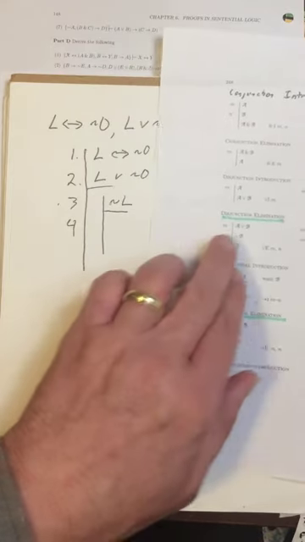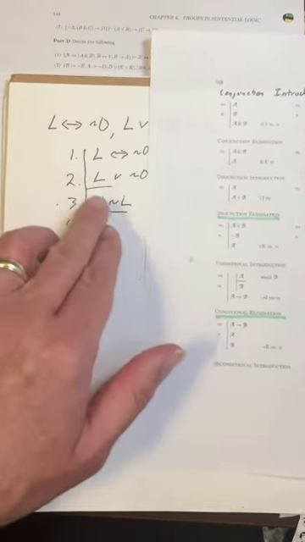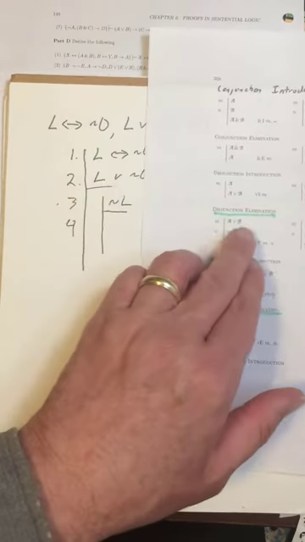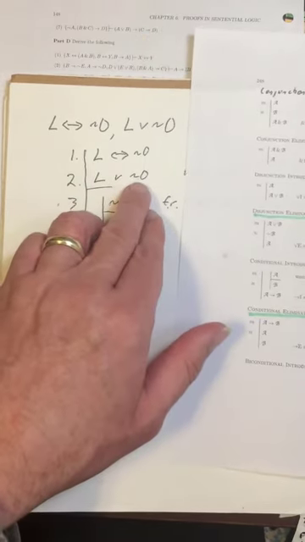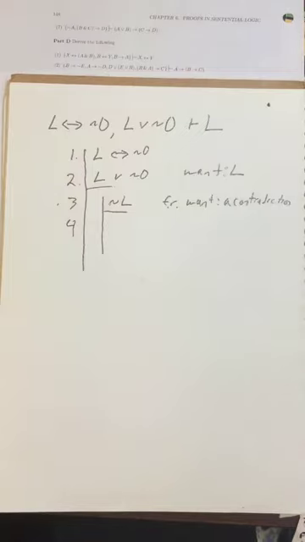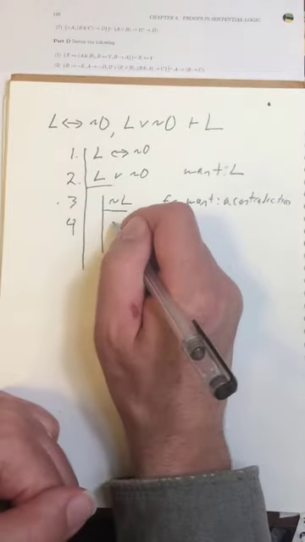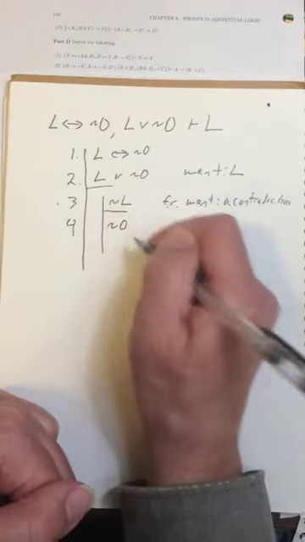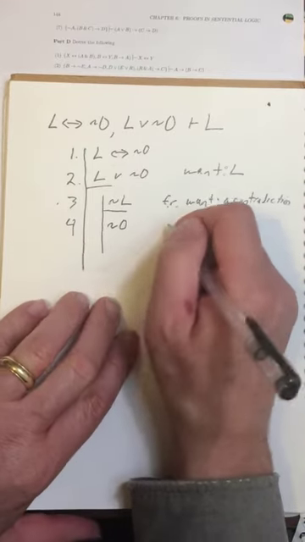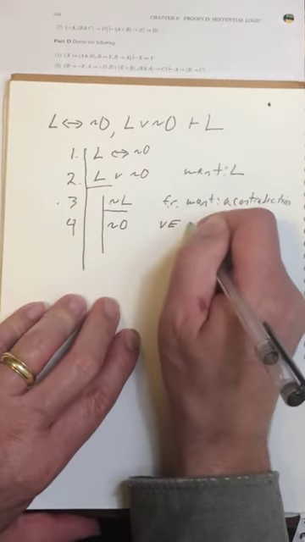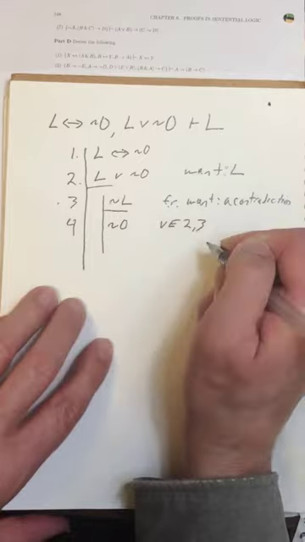Here the role of A is being played by L, and the role of B is being played by not O, but it all works out the same. So that means that we can get not O by or elimination, lines 2 and 3.